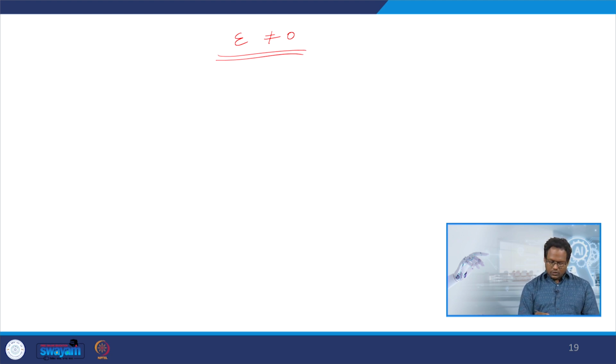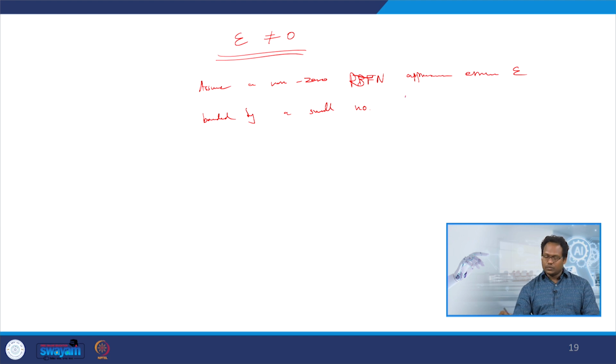Let us now assume a non-zero RBFN approximation error epsilon, which is bounded by a small positive number epsilon n.